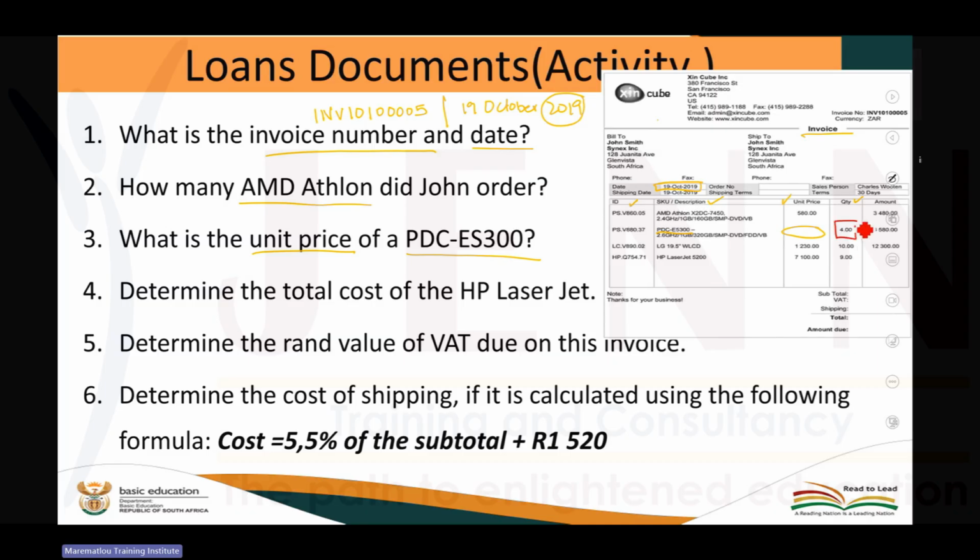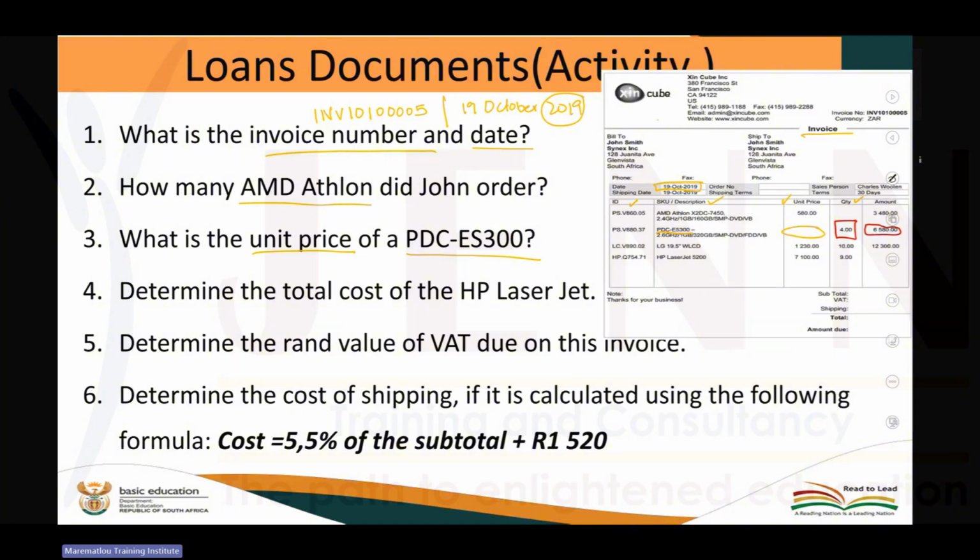You are given the quantity. Quantity meaning that there are 4 of them that have been bought. And you are given the total. The 4 of them cost how much? 6,580 rand. How much will one cost? Yes, you are right.